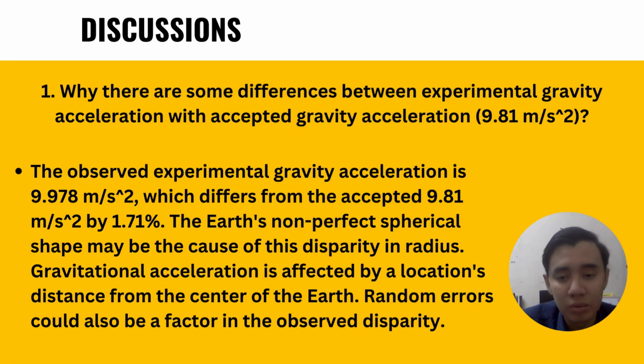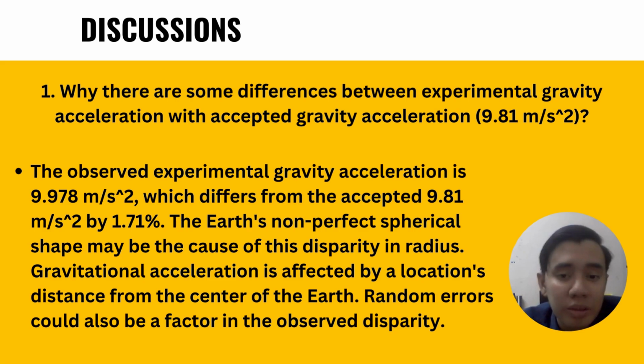Okay, we continue with the discussion. After discussing with teammates, we have answered several questions. The first question is why there is some difference between the experimental gravity acceleration and the accepted gravity acceleration, that is 9.81 m/s².